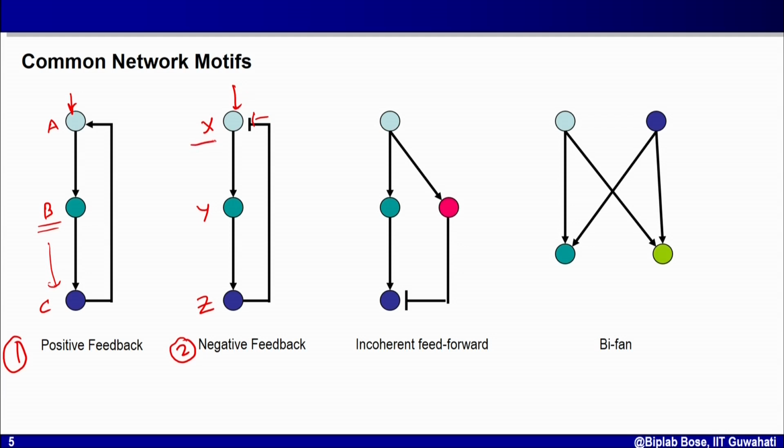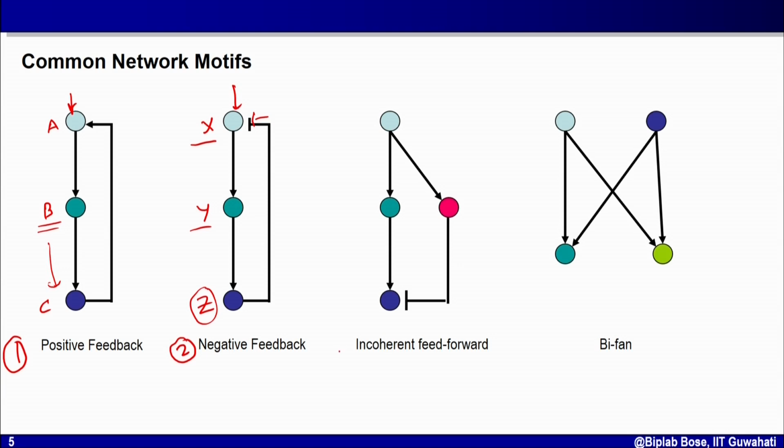So when X becomes activated, it works on Y and converts Y into an active enzyme. So once Y is activated, it works on Z and converts this Z from inactive form to active form. So now Z becomes an active molecule and it goes and inhibits activation of X. It inhibits function of X. So I have a negative feedback.